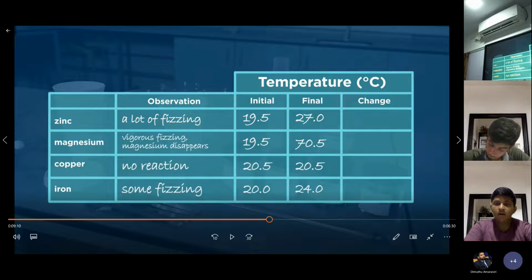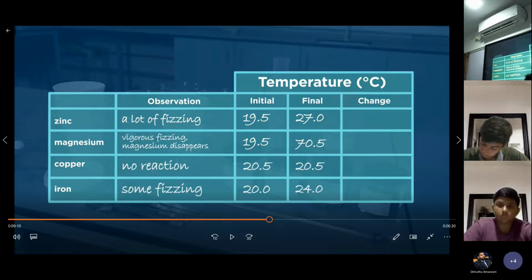Now, when you write the procedure, you don't write all these judgments. When writing the procedure, you just write what you do. For example, place the polystyrene cup inside a beaker. That's your first step. It's simple, right? And transfer 20 cm cube of dilute hydrochloric acid into the cup using a measuring cylinder. That's your second one.